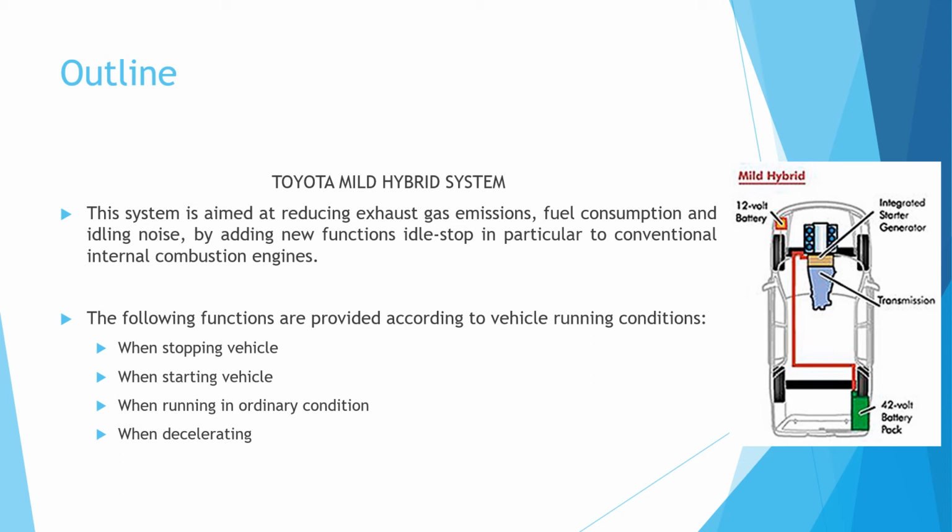So this hybrid system, or the mild hybrid system, is aimed at reducing the exhaust gas emissions, fuel consumption, and the idling noise by adding new functions like idle stop, in particular to conventional internal combustion engines.